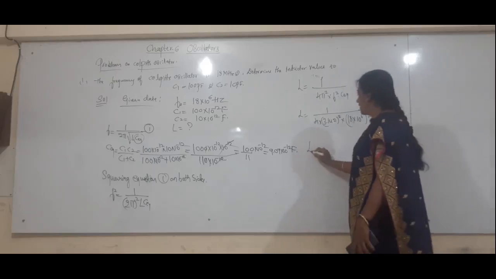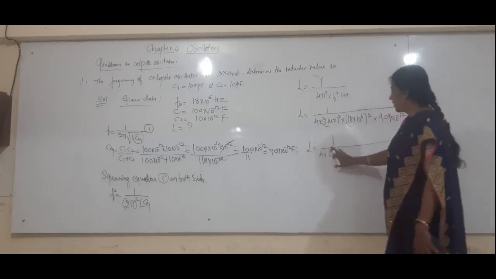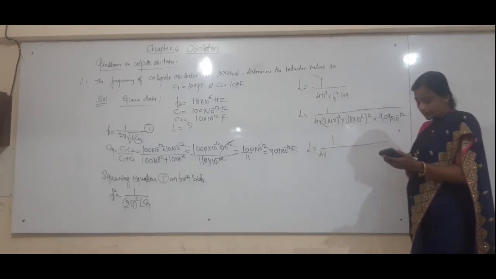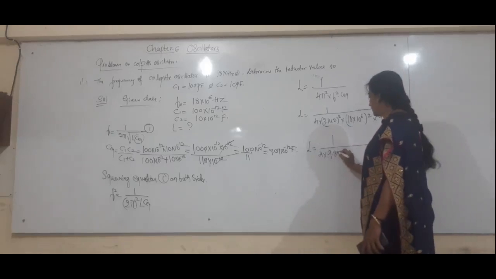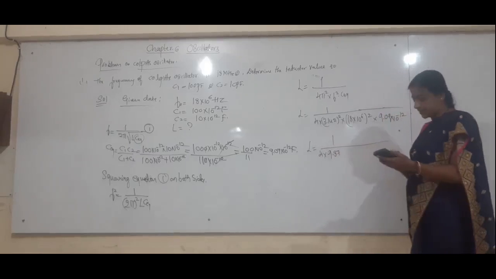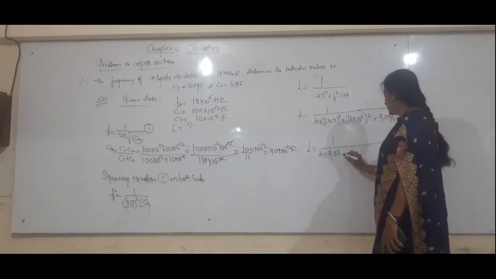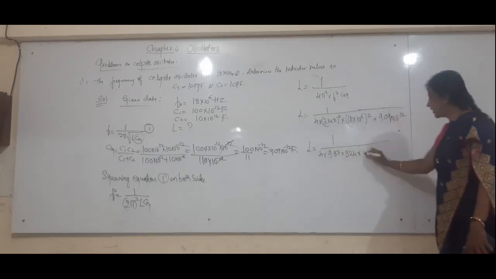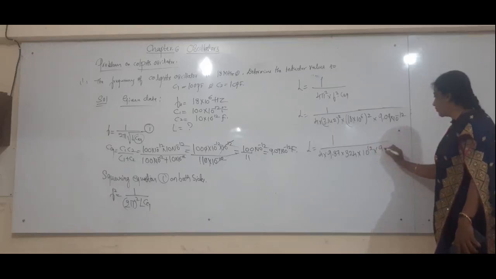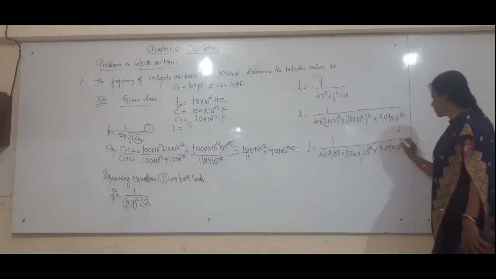So therefore L is equal to 1 divided by 4 into 3.142 square, 3.142 into 3.142 is equal to how much, 9.87. So this is the value of 9.87. 18 into 18, 324 into 10 raised to 6 whole square is 10 raised to plus 12, into 9.09 into 10 raised to minus 12. This 10 raised to plus 12 minus 12 cancels here.